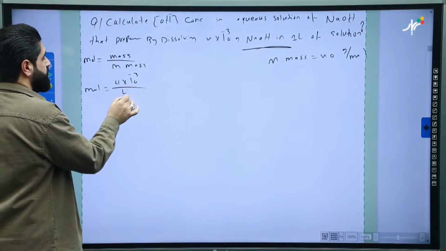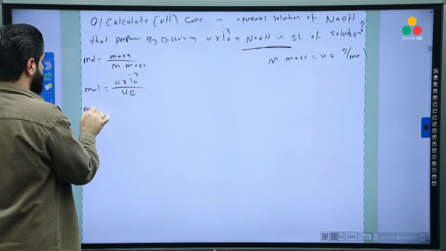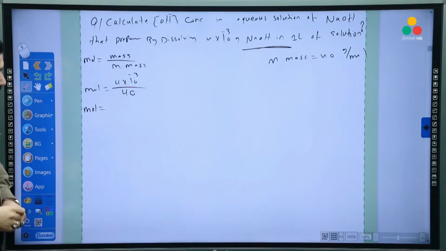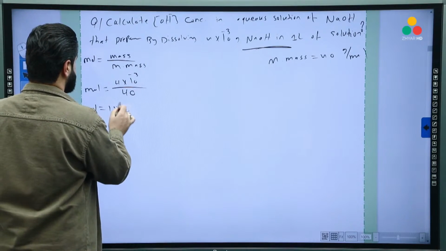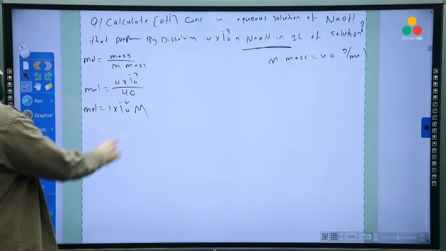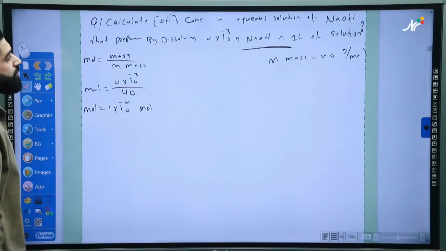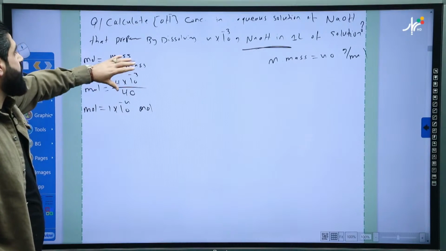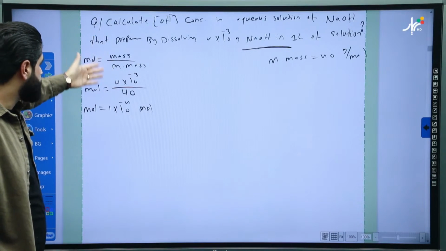So 4 times 10 to the negative 3 divided by 40 is 1 times 10 to the negative 4 moles. So in the first step, I converted mass to number of moles.